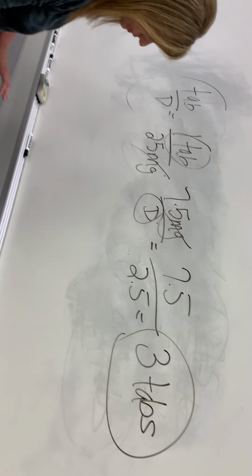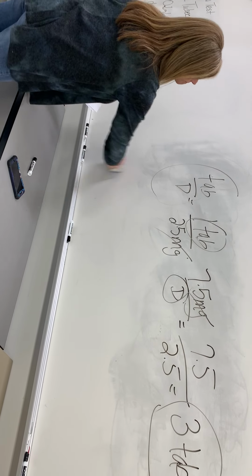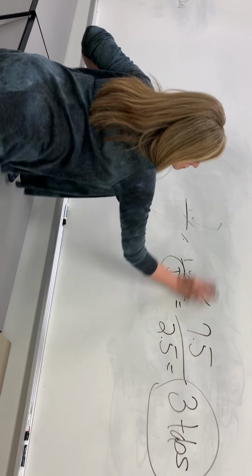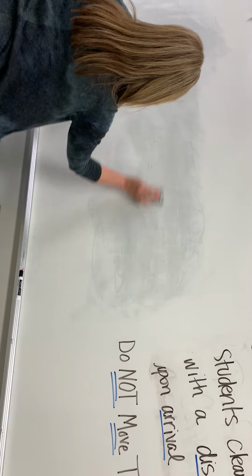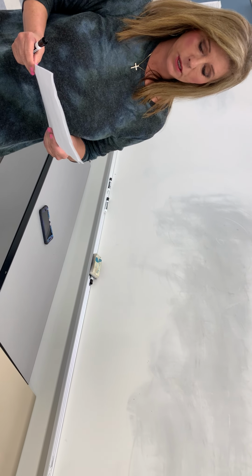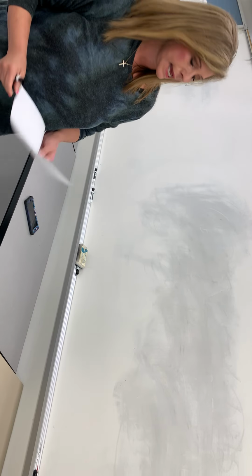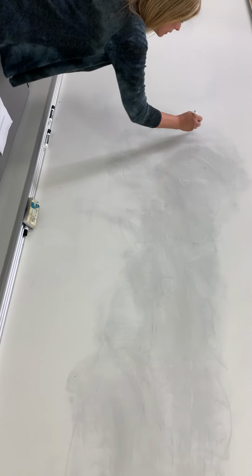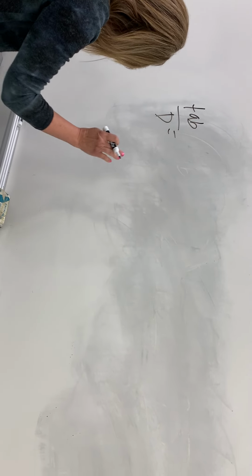Okay, let's do number 6. Number 6 says, the physician has ordered Atarax 15 milligrams PO BID. The medication is supplied as Atarax 30 milligrams per tab. So how many tabs are we going to give? So it's tab over dose, and it says we have on hand 30 milligram tabs.